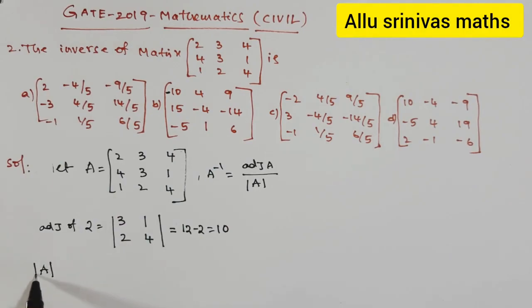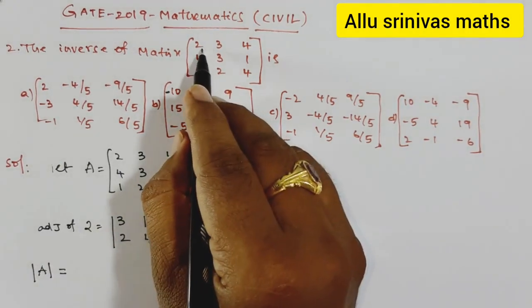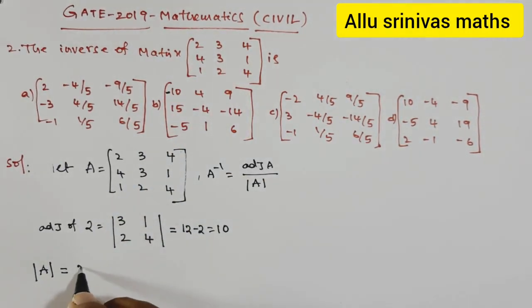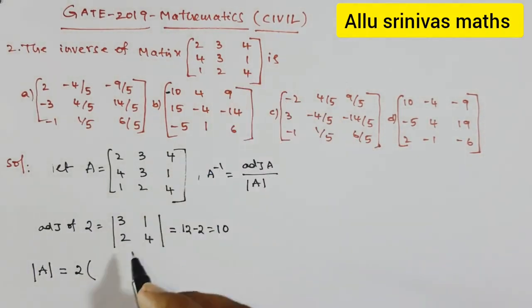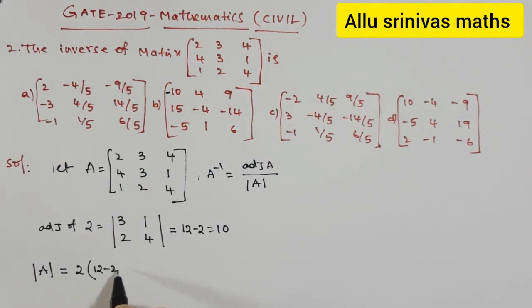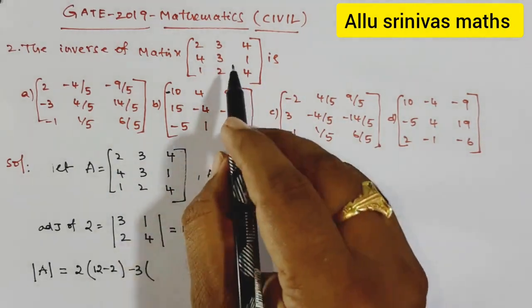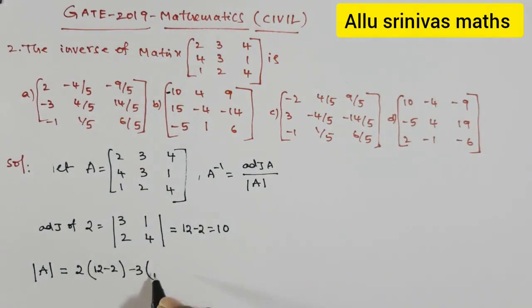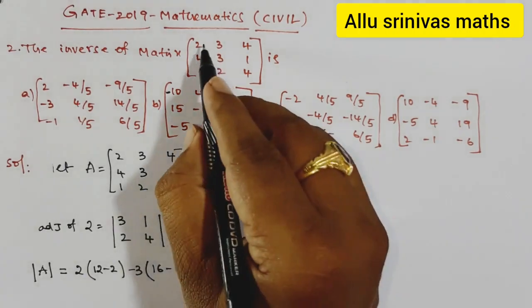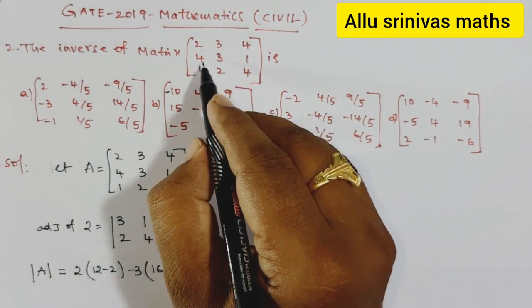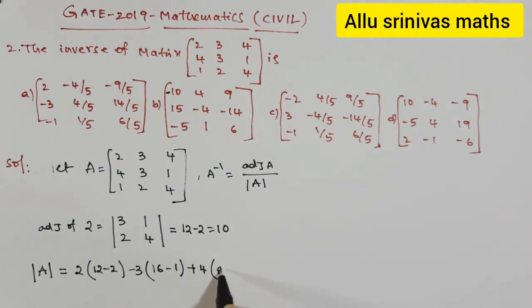Det A equals 2 times (12 minus 2), and next take minus 3 times (16 minus 1), removing the corresponding row and column. Next we take plus 4 times (8 minus 3).